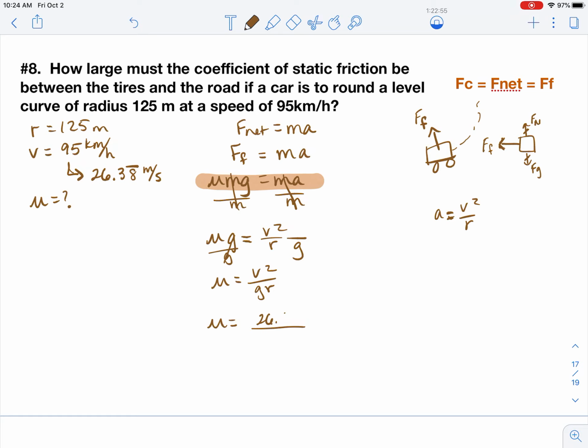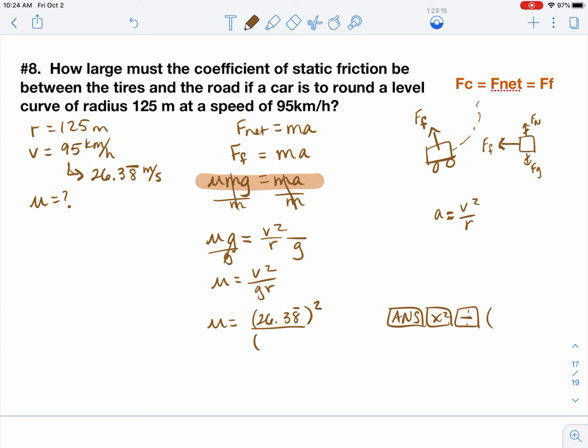My V is the 26.38 repeating. Please, guys, when you put this in your calculator, will you please ask your calculator to use the previous answer and then follow that up with the x squared button? And then ask your calculator to divide by the denominator.